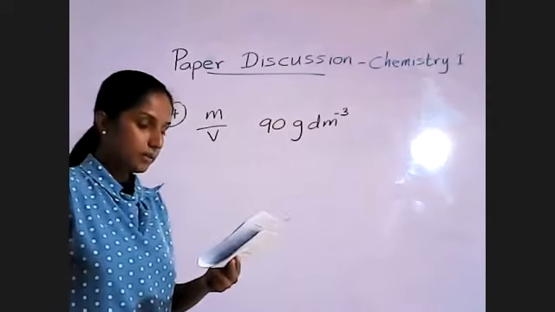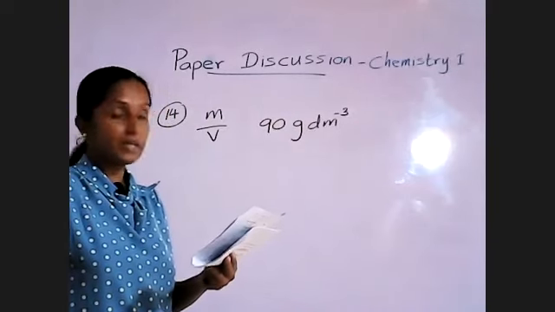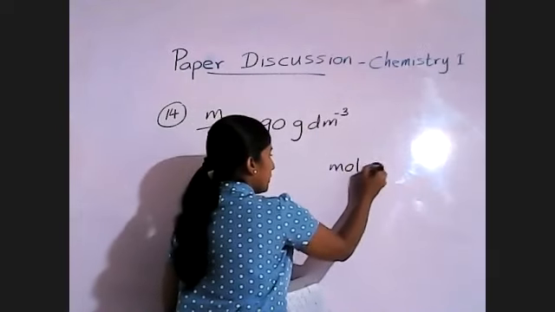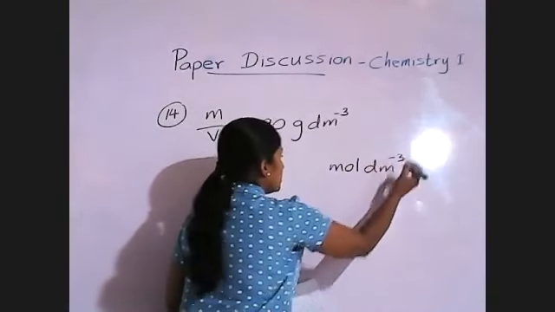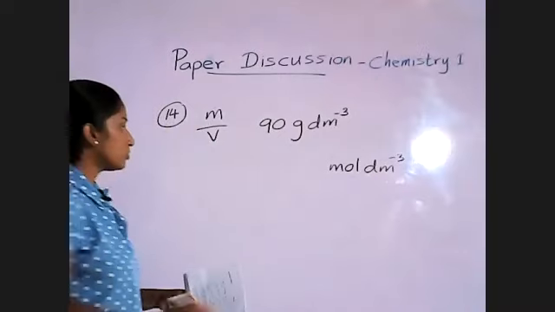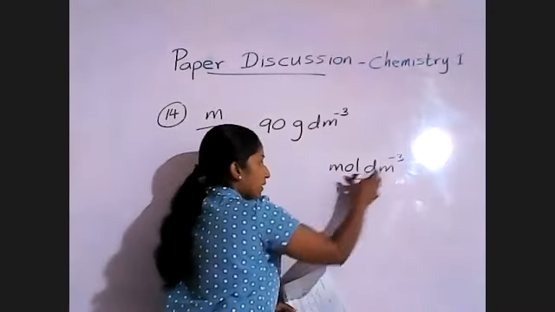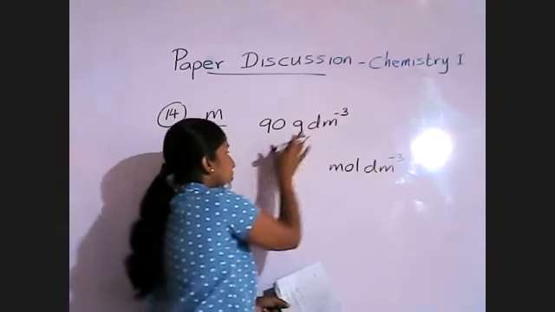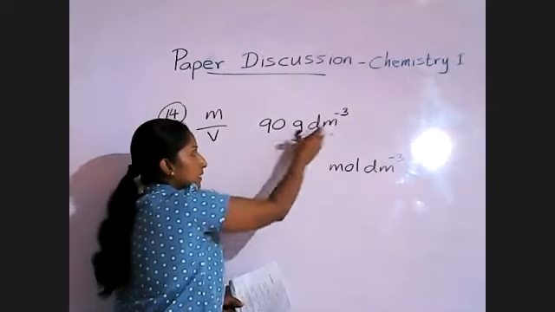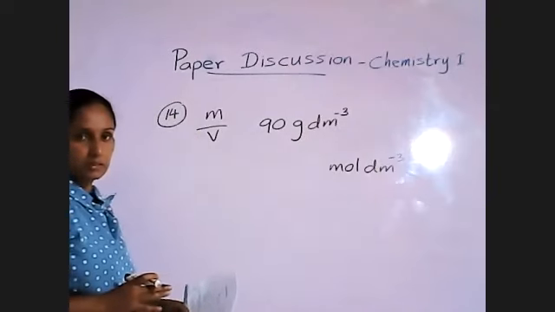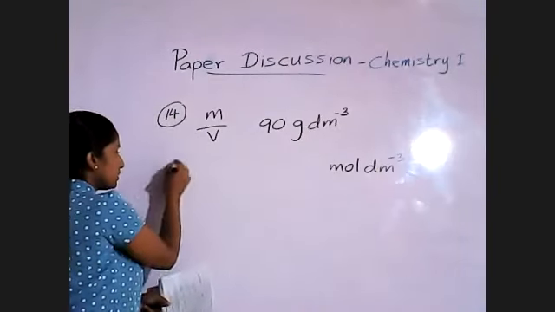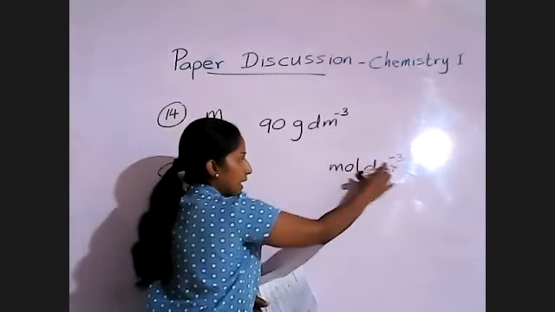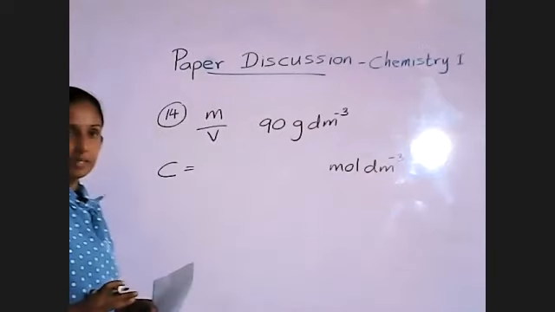They have asked what is the concentration of that glucose solution. Normally the concentration is given in moles per cubic decimeter. The cubic decimeter is okay today. This is the mass in 1 cubic decimeter. Concentration means we have to find how many moles are there in 1 cubic decimeter.